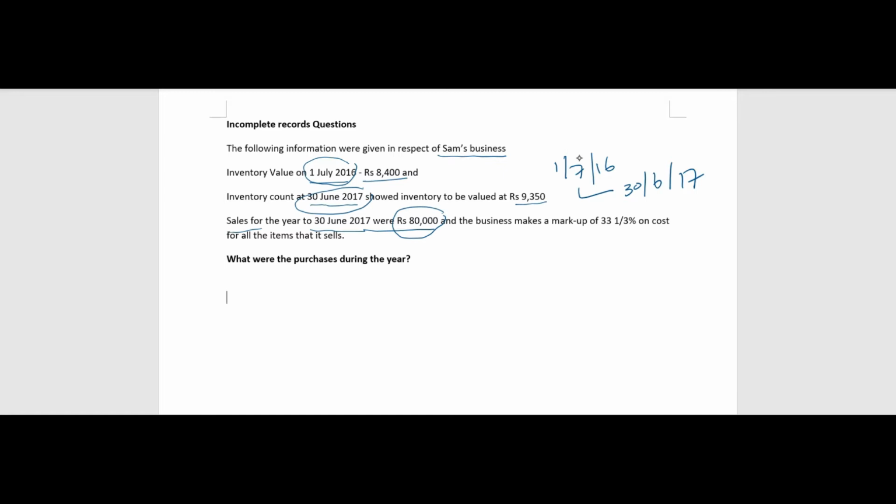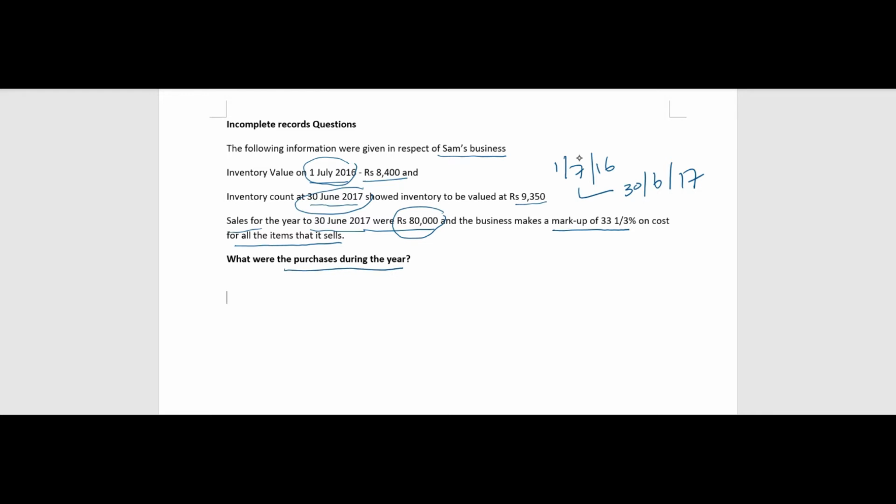And the business makes a markup of 33 and 1/3 on cost for all the items that it sells. So what were the purchases during the year?